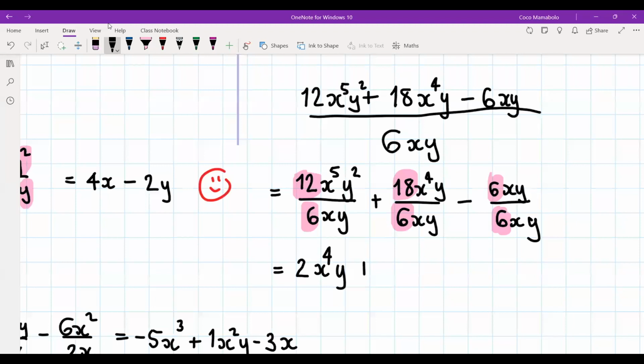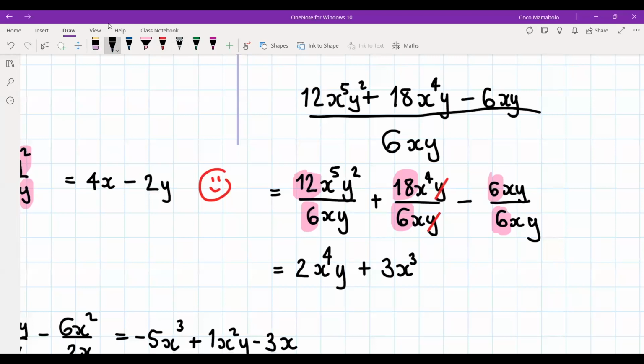Plus, continue. 18 divided by 6 is 3. Finish up for me: x to the power of 3. So there's no y anymore, because we've got y divided by y, which gives us 1, and 1 times 3 just gives us 3 again. Beautiful.